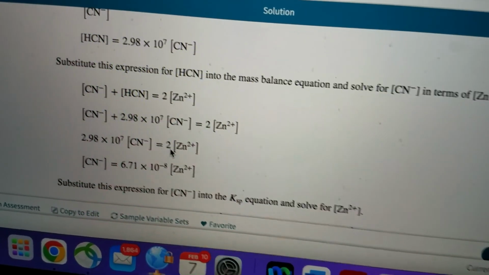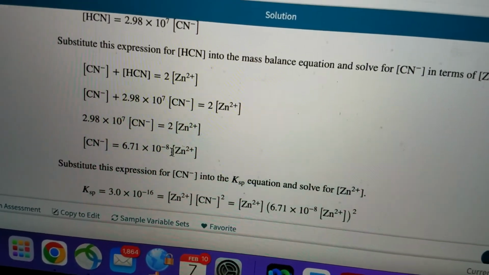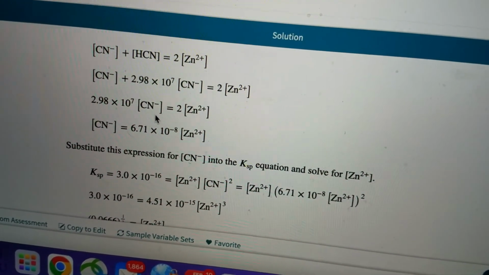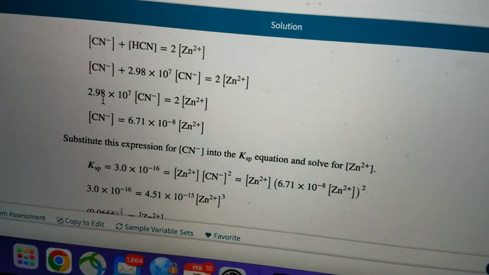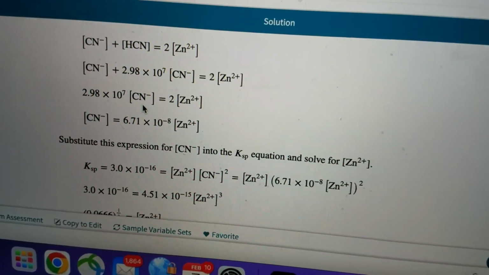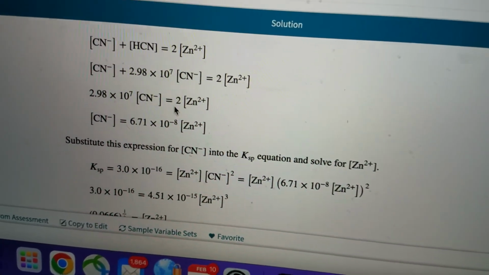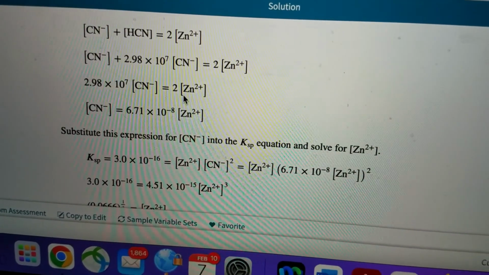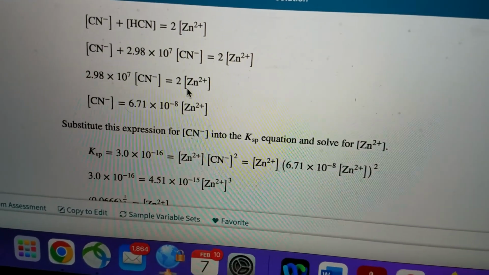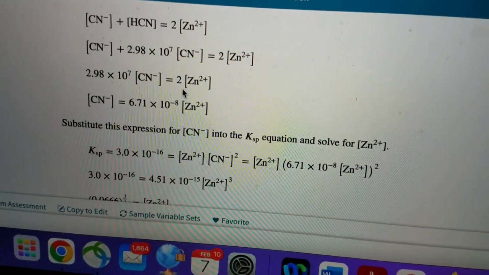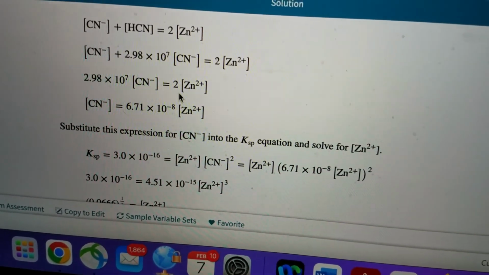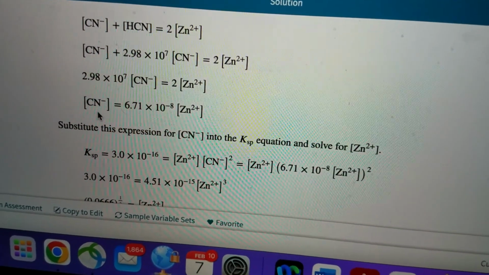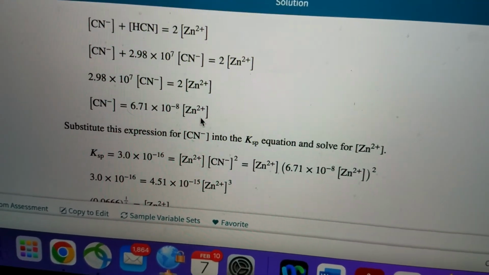Then you can combine the two terms on the left-hand side. Then you will have 2.98 times 10 to the 7th times CN, cyanide, equals 2 times zinc 2 plus ion. And now you see we can find the relationship between cyanide ion and zinc 2 plus ion.